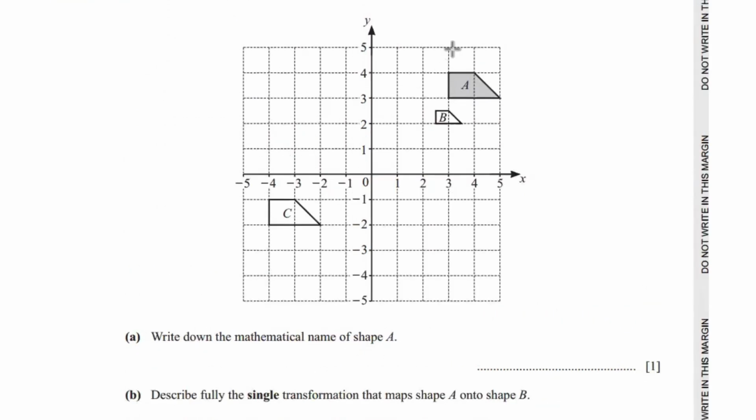To find the center of enlargement, we can join the corresponding points and see where they're meeting. And that is this point. This is the center of enlargement. So center of enlargement is 2, 1. Scale factor is 0.5, because if we compare two corresponding lengths, like this and this, we can see that this is one whole square and this is half of it.